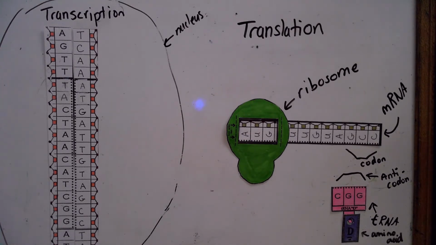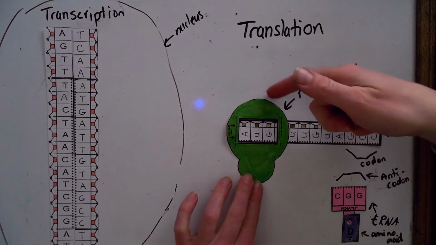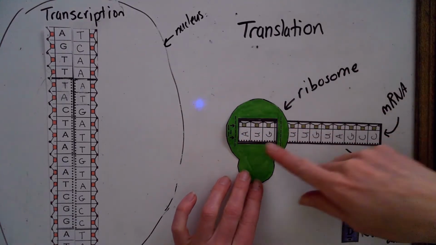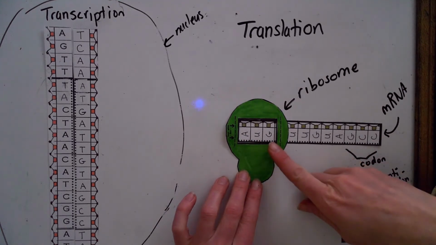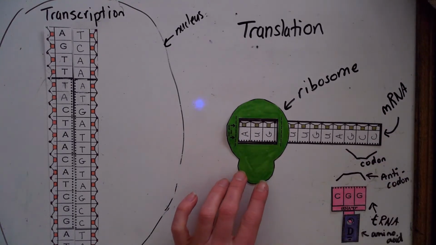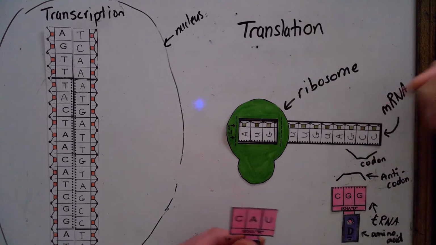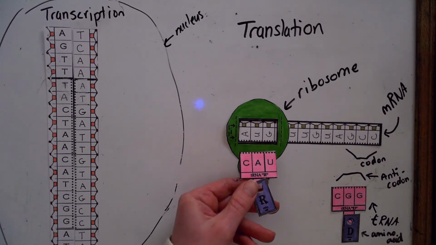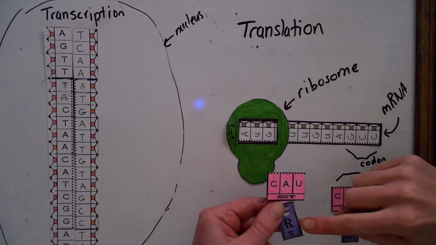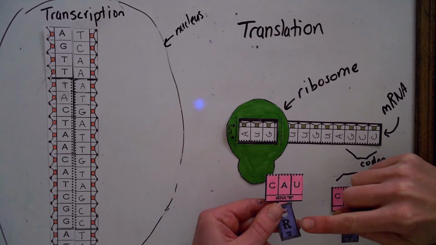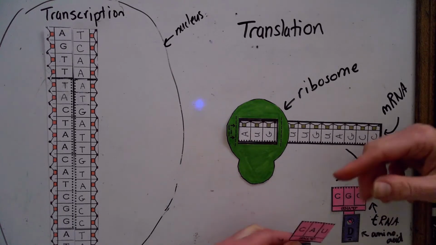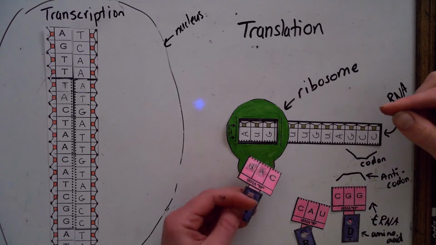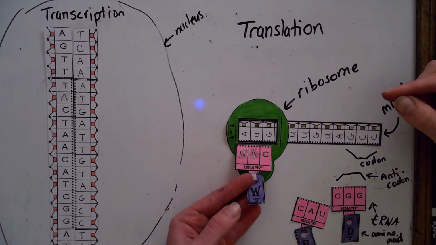So first step, we have our window of our ribosome over top of one codon. It reads AUG. So we need to look, does this tRNA match? No, it does not. So this is not the right amino acid to attach. Does this tRNA match?